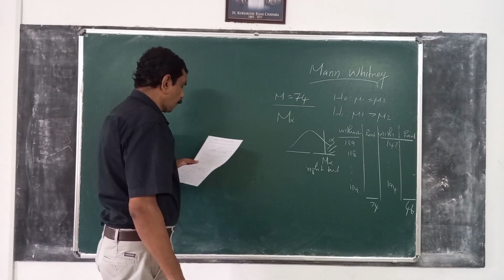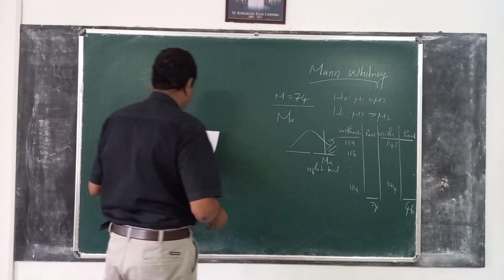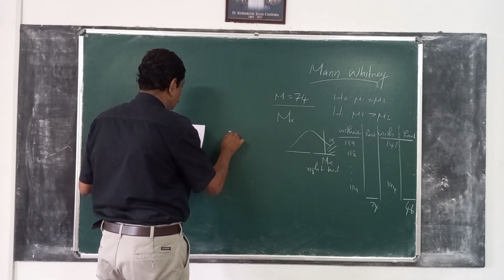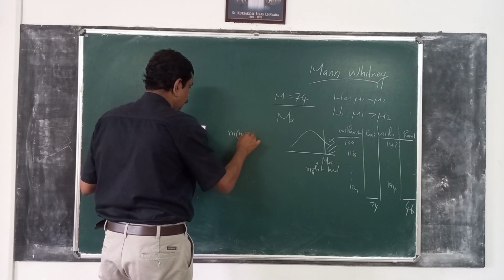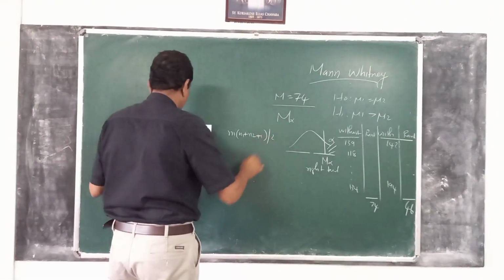Now, the distribution of the variable M is symmetric about n1 into n1 plus n2 plus 1 by 2.